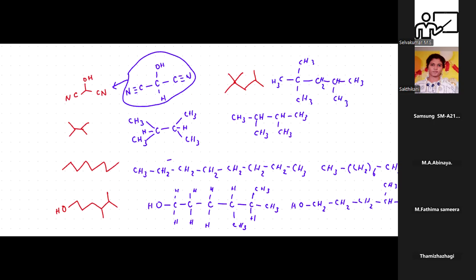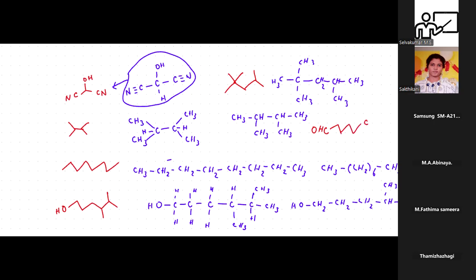And one more. A number of examples can be written. Suppose you take this compound, H, OHC, aldehyde group, CH4.